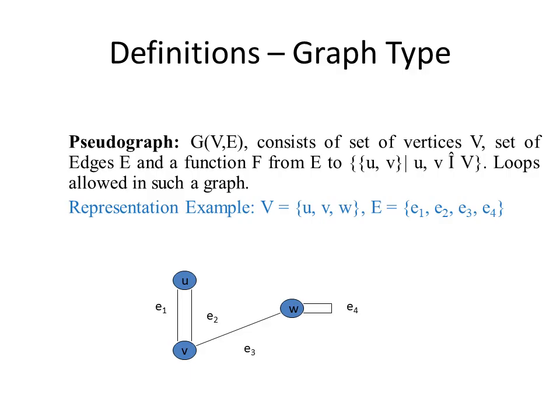So loops are allowed in a pseudograph. The representation of that pseudograph is u, v, w, 3 vertices here, and 4 edges including multiple edges as well as a self loop. e1 and e2 connect u and v, so multi edges are there, and at w, e4 is a self loop. So in that pseudograph, the 2 concepts are combined: multi edges as well as the self loop, which is known as a pseudograph.